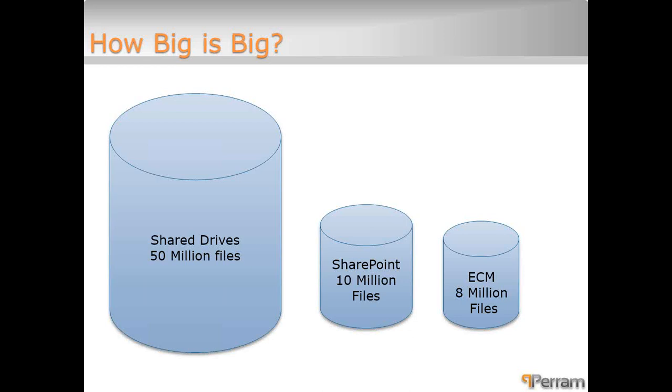Some organizations got on board early with SharePoint, and it went wild, and they may have 50 or 100 million files on SharePoint. Other organizations contained it or brought it in much later, so that they may only have 5 or 10 million files. But more of a consistency is where the number of files in enterprise content management fit compared to shared drive. Those are kind of the two more steady or consistent parts of the puzzle.